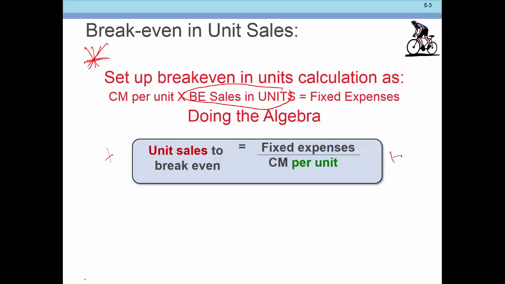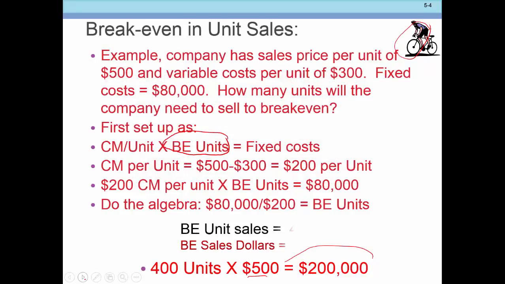Okay, so you come over and we use an example here where this company is selling, and I guess they're selling bikes in this example, and they have a what? They have a sales price per bike of $500. They have variable cost per bike of $300. Can we sell a bike if we don't incur the variable cost?